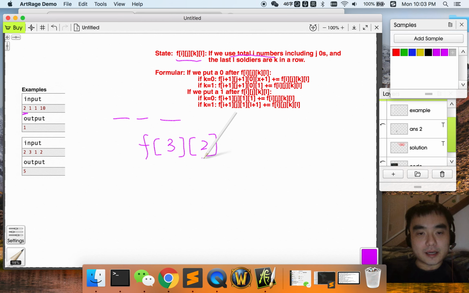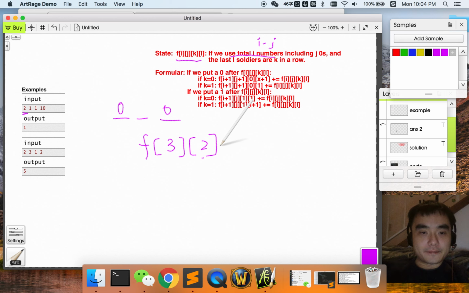It means two zeros, for example, we got two zeros here. And it also means we will have i minus j ones here. And the last l soldiers are k in a row.